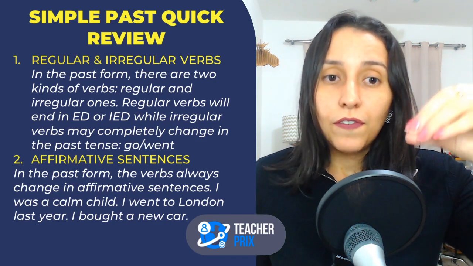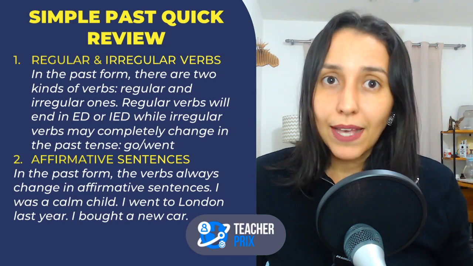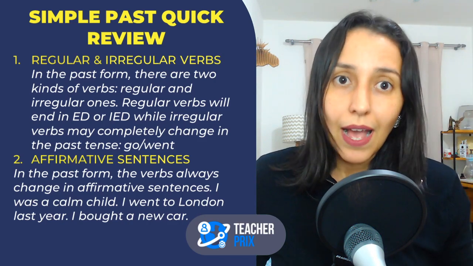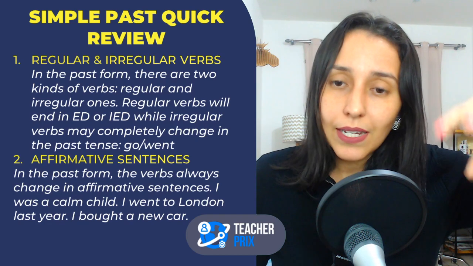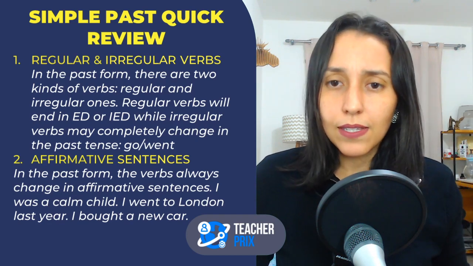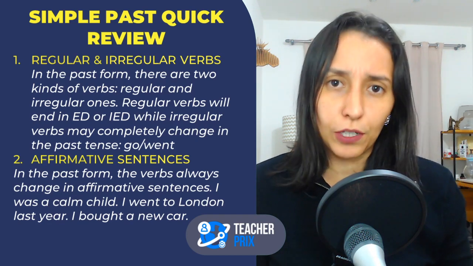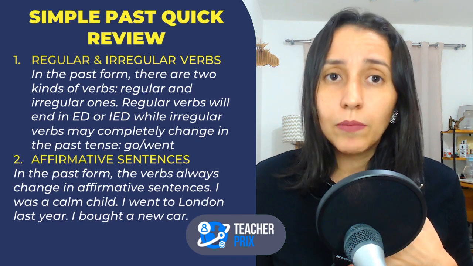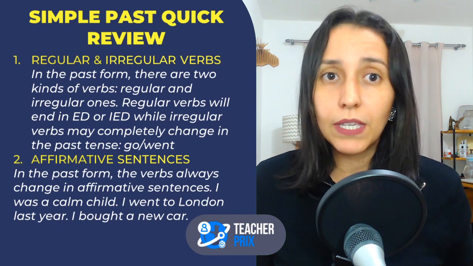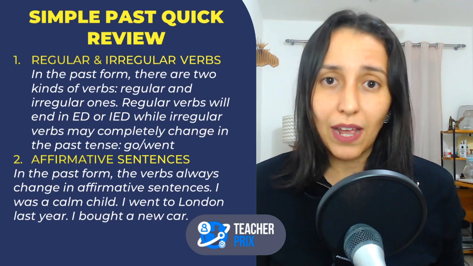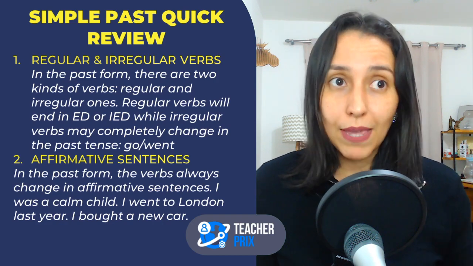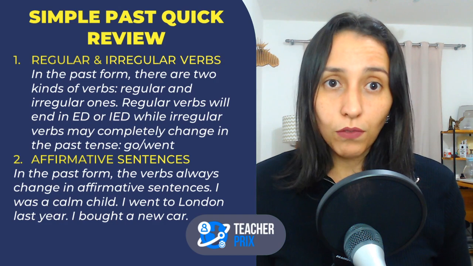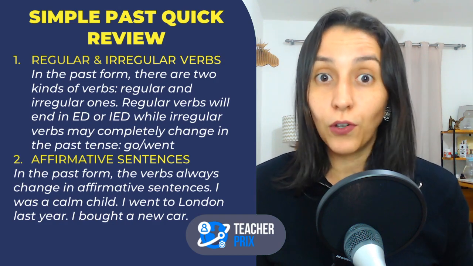So if you have problems remembering past conjugations, I recommend you start studying a small list, a short list with everyday verbs, okay? And usually when I am teaching simple past to my beginners, to basic students, to my private students, I tell them to make a list based on verbs they believe are important for them.